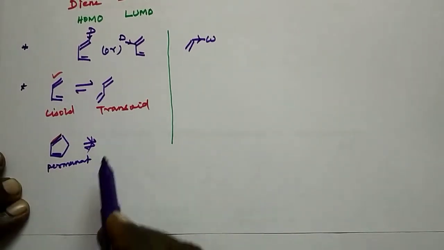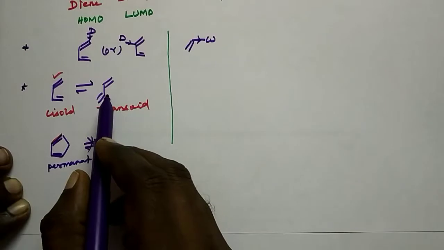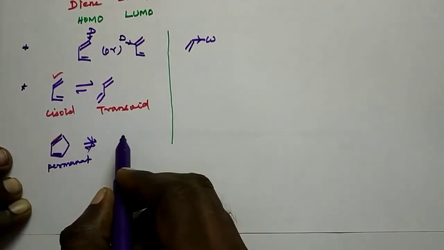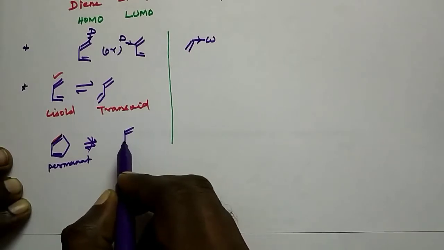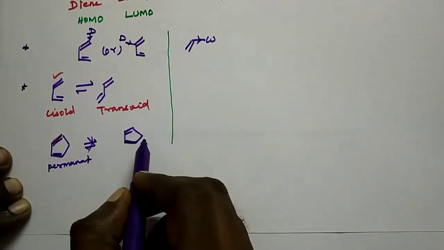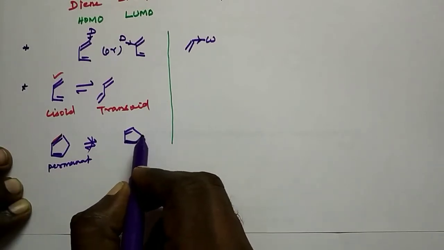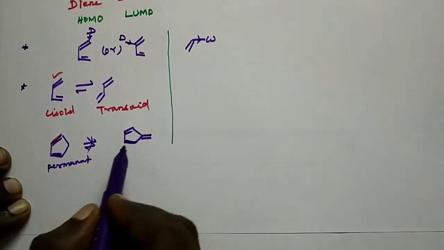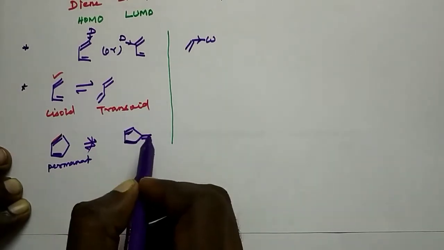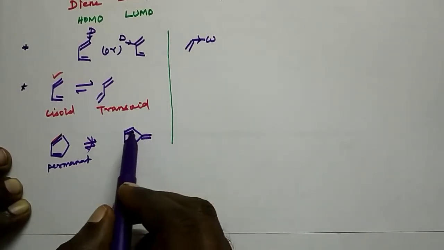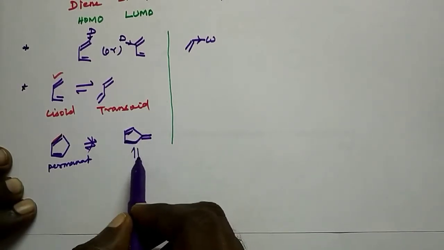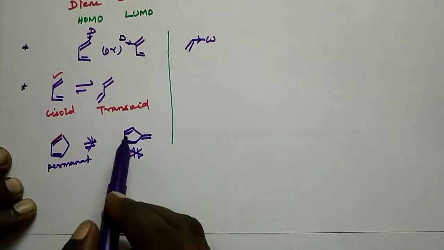And in case we have a transoid that can convert into cisoid by equilibrium, it can be used. But in case we have a compound like that, remember this is a single bond, one double bond and another double bond. These two are transoid, but it cannot convert into cisoid, not possible, because it is a cycle.